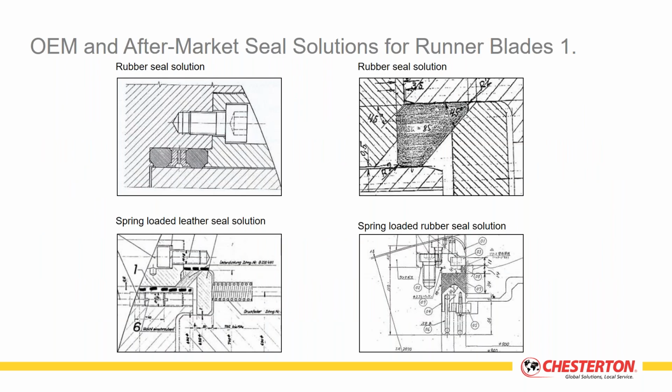Some of the typical solutions from the past, OEM and aftermarket solutions. What is common with these seal solutions? They utilize rubber compounds, where rubber compounds have a high coefficient of friction. Number one. Number two, the elasticity of the material is limited, and the elastic memory is relatively short.